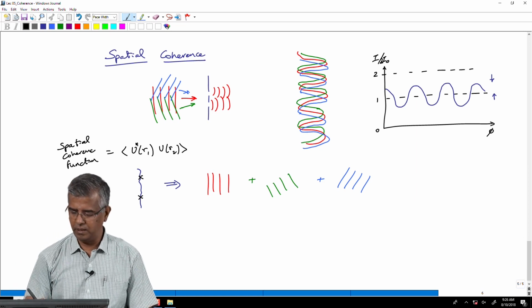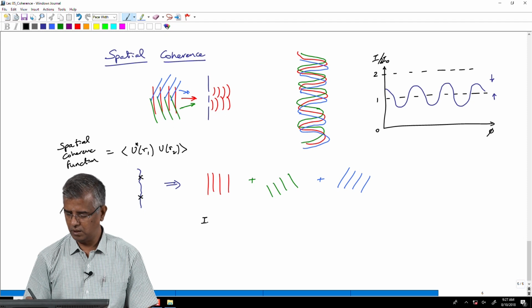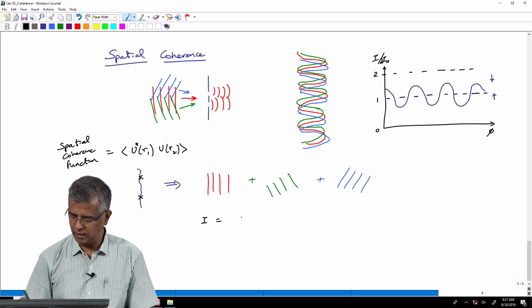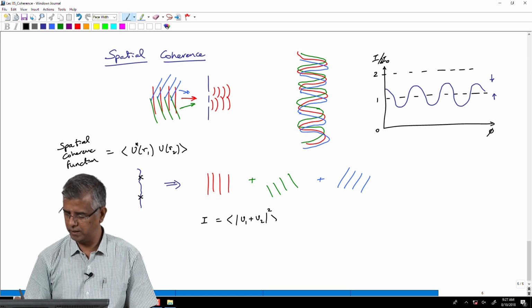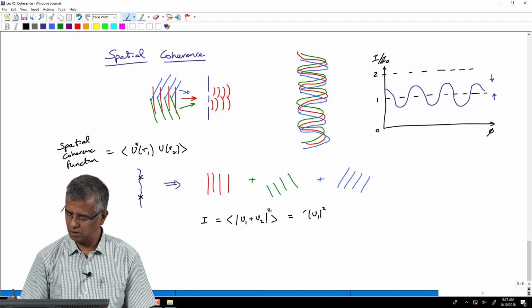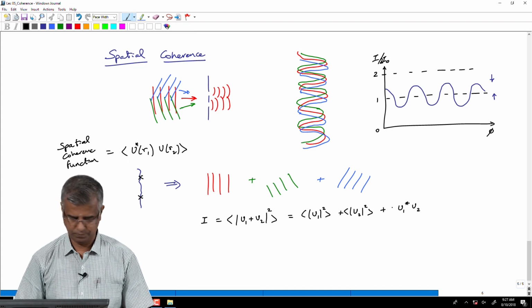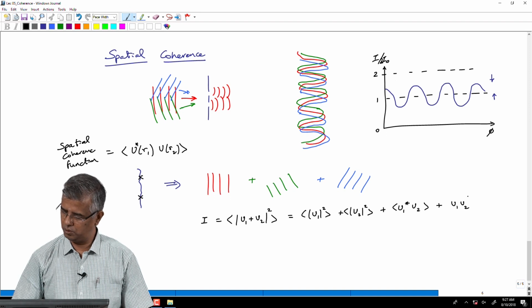In general, when we are looking at partially coherent sources, I is nothing but u1 plus u2 the whole square, time averaged. We can write that as the time average of mod u1 square, plus mod u2 square, plus u1 conjugate u2, plus u1 u2 conjugate.